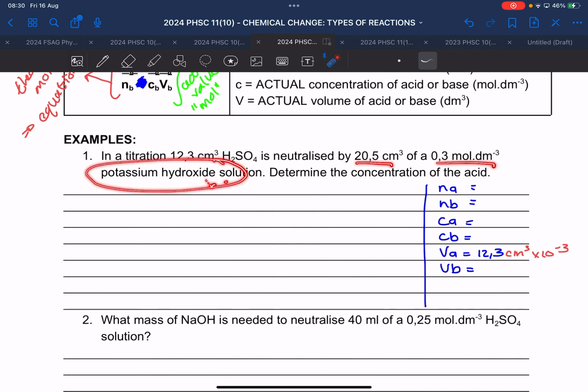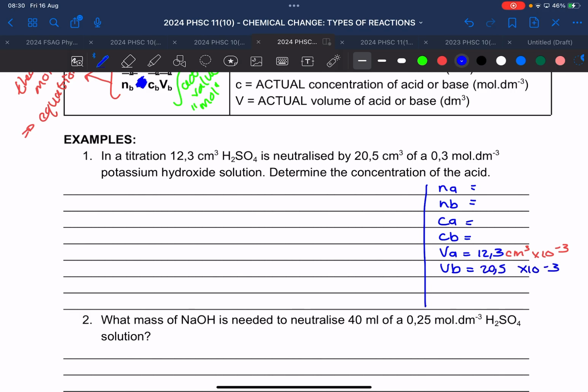How do you know that? Hydroxide is a base. So that is the volume of the base, 20.5 times 10 to the power negative 3. Another thing that I can add? The concentration of the base is 0.3. And they ask, determine the concentration of the acid. So there I put my question mark.